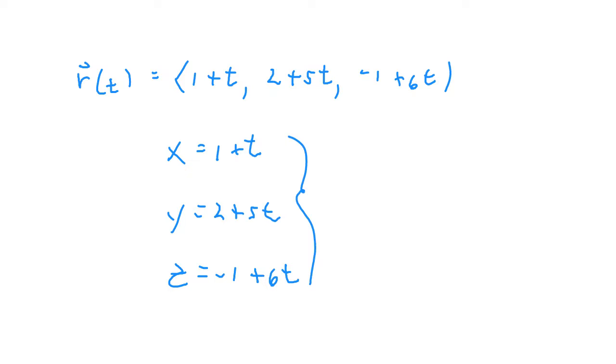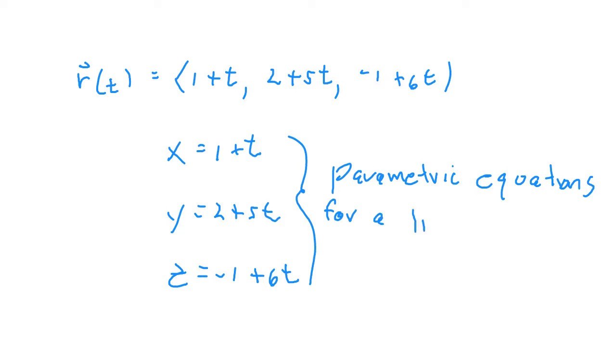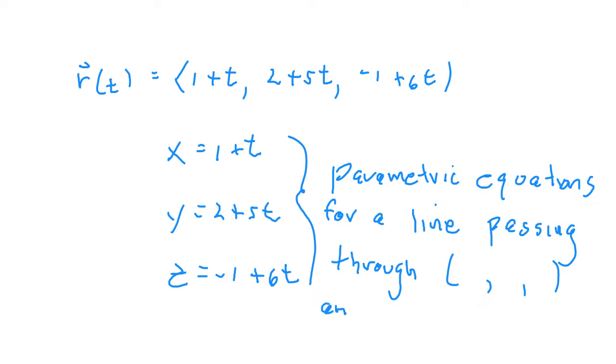These are parametric equations for a line passing through some point and parallel to some vector v with components.